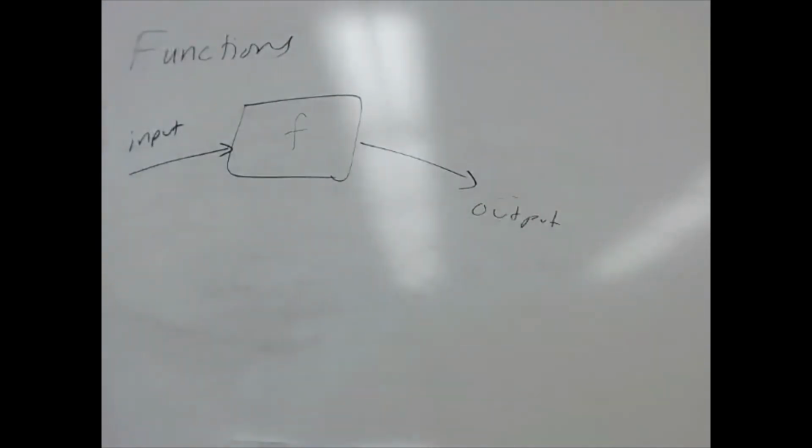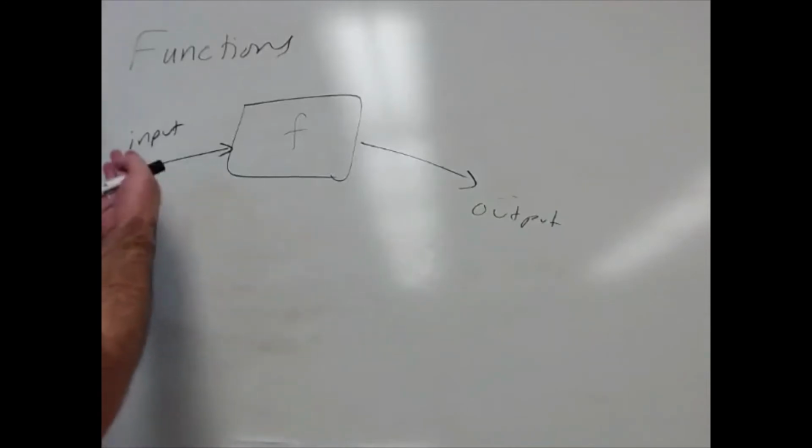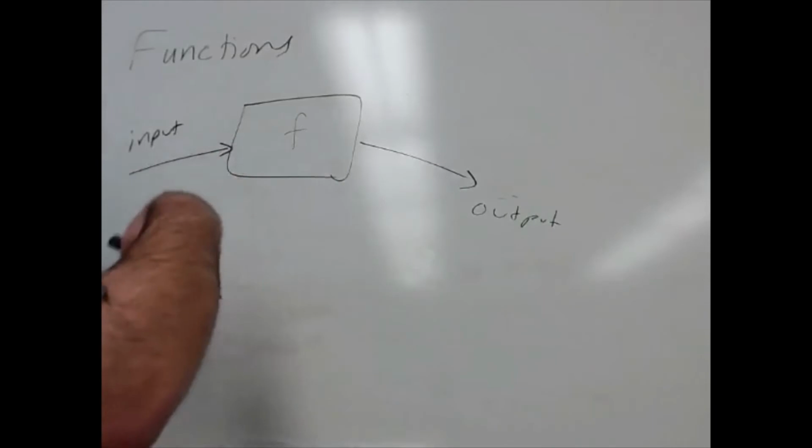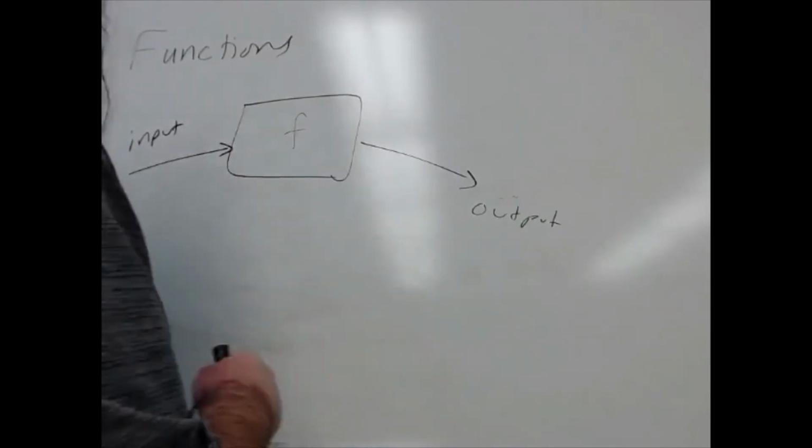Functions, instead of being like a paper machine where you put something in and it spits out the paper, usually take a number, do something to the number, and then spit out a result.